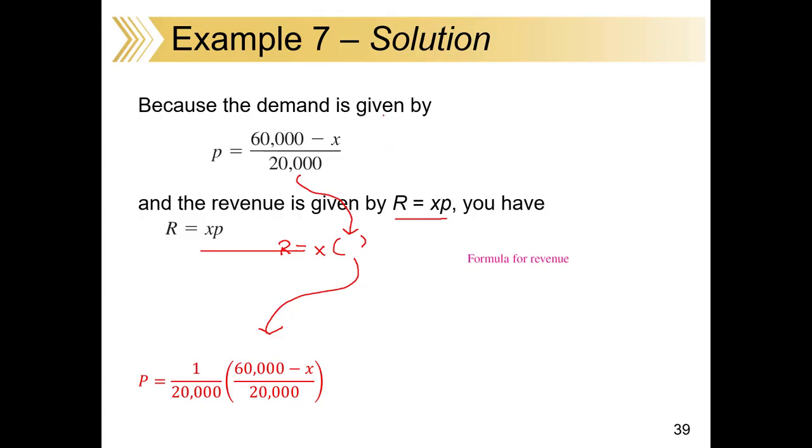Remember, we've taken this 20,000 and brought that out to the front and made that 1 over 20,000, because looking ahead, we're going to have to differentiate, so that's going to help us in the long run.